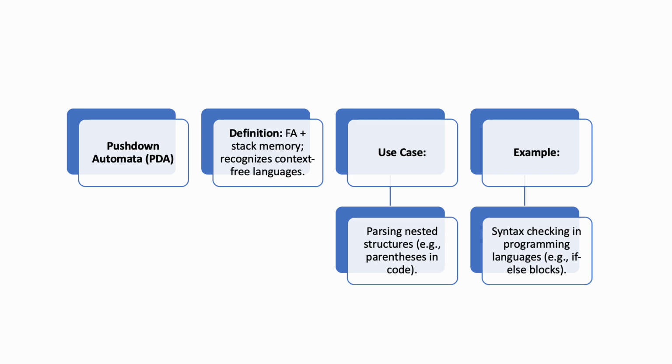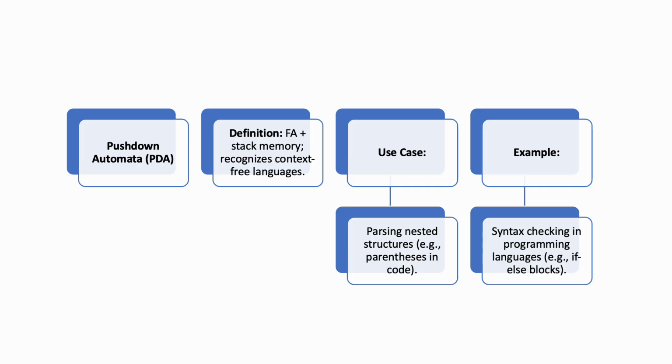If the stack is empty at the end of the code block, all braces are properly matched. This capability makes PDAs perfect for validating the correct nesting of if-else statements, loops, and function calls, tasks that are beyond the scope of regular languages.